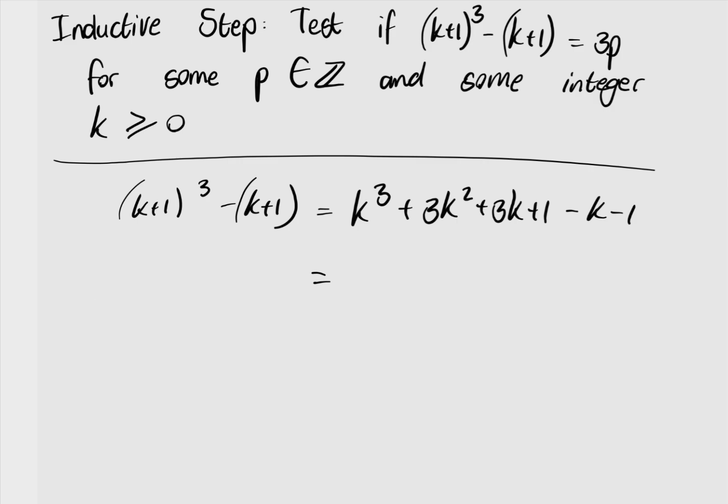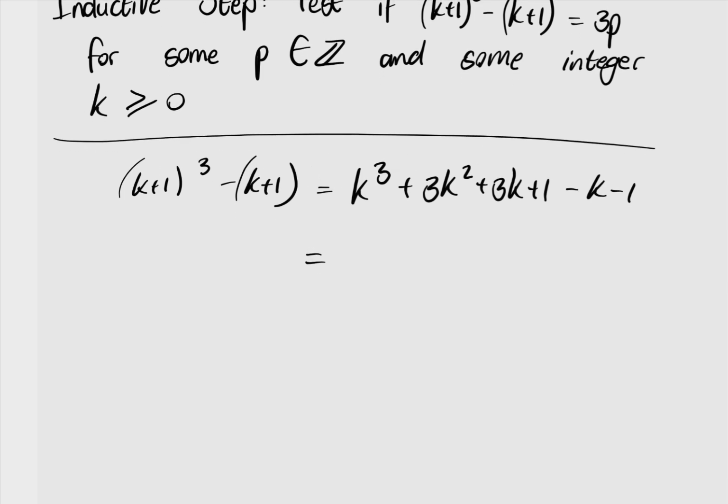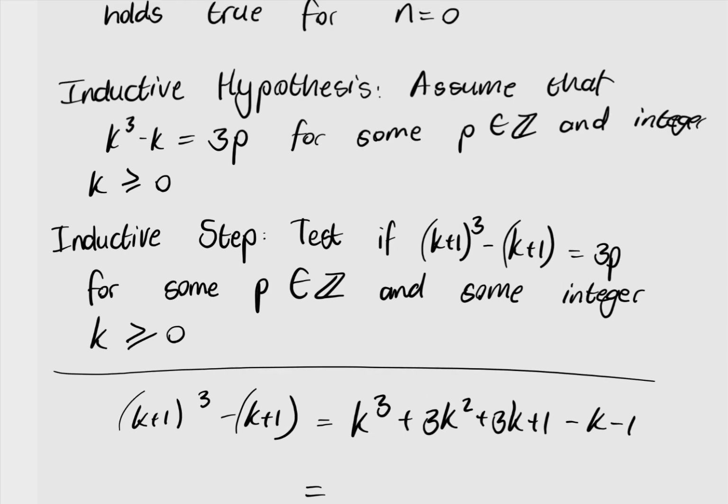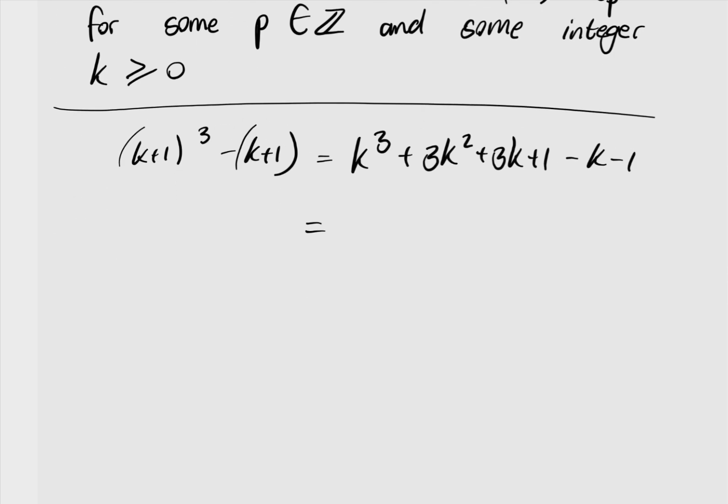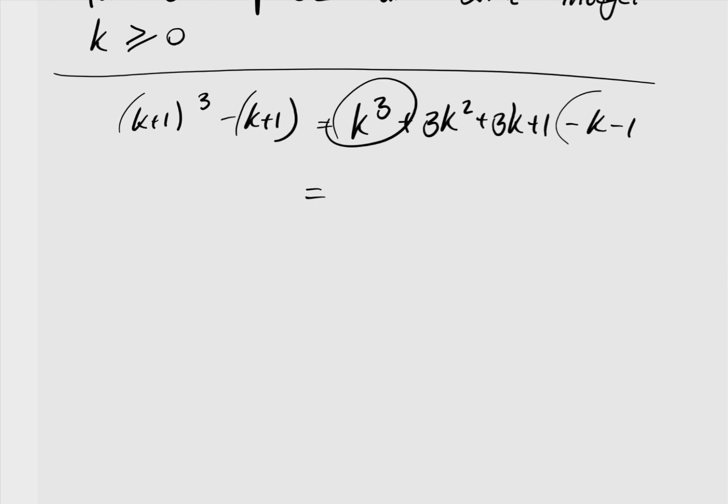But if you know Pascal's triangle and all that, then you can just skip ahead. And what we want to do, you're basically always going to use the inductive hypothesis. So we want to try to get this expression, those two terms. So we note that we have this and we have this. So we're going to bring them together.